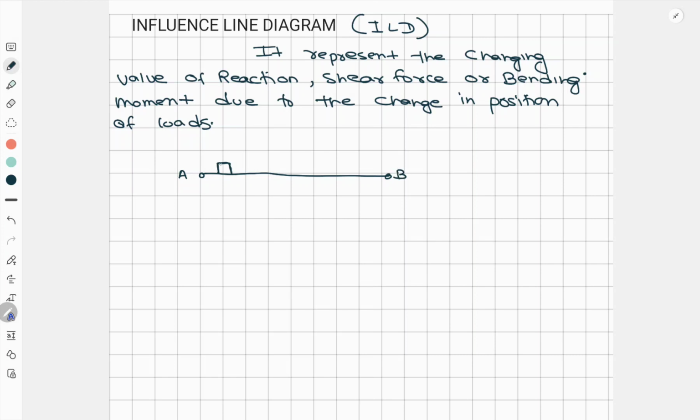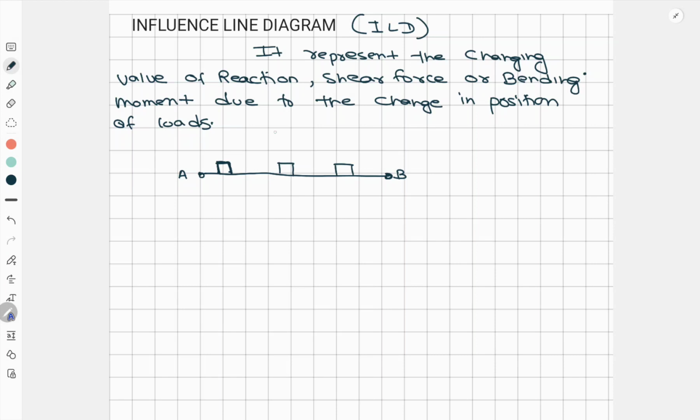So due to this vehicle at this position, what will be the effect on the road or bridge? The effect will be different when the vehicle is here, and when we move this vehicle this side, then again the effect will be different. So if we move this same vehicle here, then the effect will also be different.